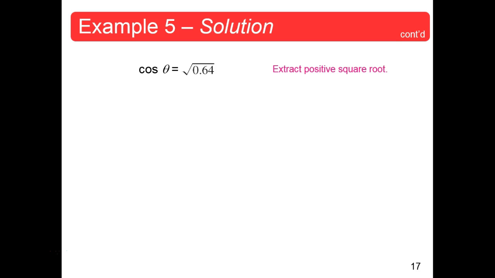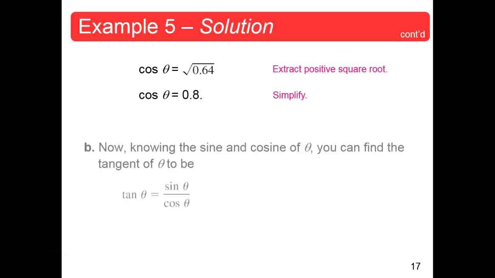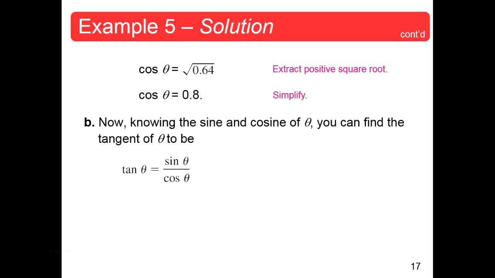Okay, then what is the square root of 0.64? 0.8. Okay. Do it on your calculator, you'll see it. If you know how to take square roots of decimals, you can do it directly. Okay. So, once you know that, you know sine of theta, they gave it to us.